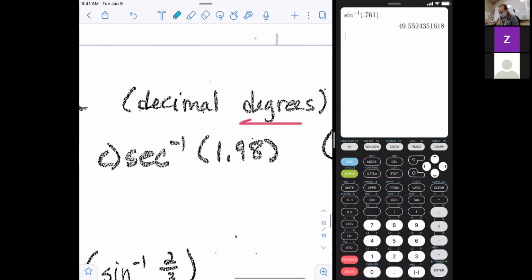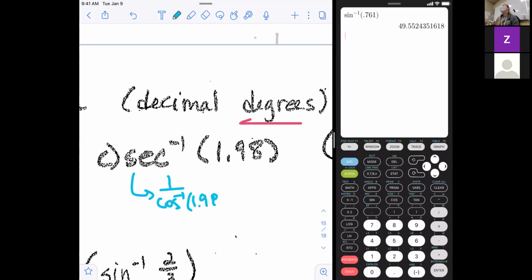All right, last one. I've got secant to the negative first of 1.98. Now, what a lot of us are tempted to do is see, okay, secant is the same thing as 1 over cosine. So I'll just do 1 over second cos of this number. If you do that, though, we're going to get a non-existent answer or an error in our calculator. What I want us to do the reciprocal of is this number, the ratio, not of the trig function.